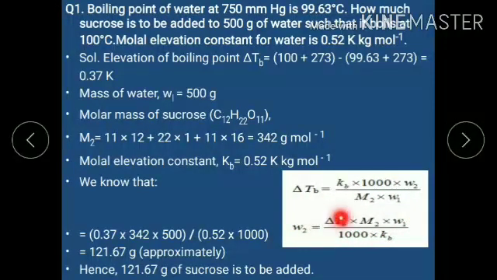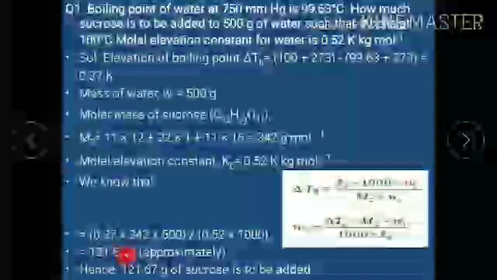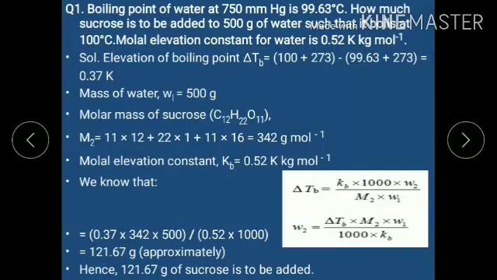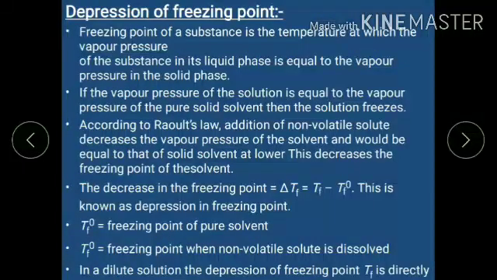Put the value of delta Tb, 0.37, molecular mass 342, mass of solvent 500 upon 1000, and Kb 0.52. After calculation you will get the answer 121.67 gram. Hence 121.67 gram sucrose is to be added to the solution. This is the answer. Now move to the next slide.